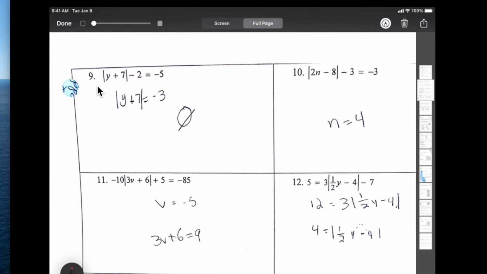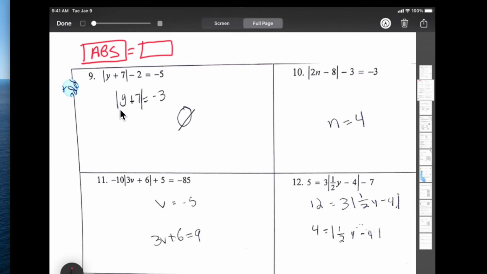The key to absolute value problems is you have to get the absolute value by itself on one side. I abbreviate it with ABS, and then you have to have everything else on the opposite side. You can't do anything until the absolute value is by itself.